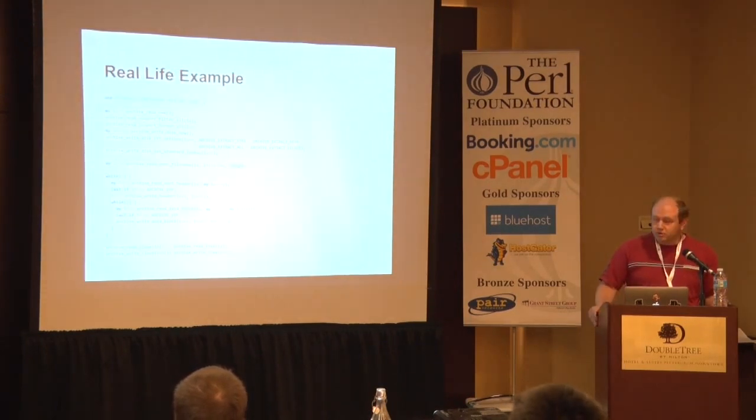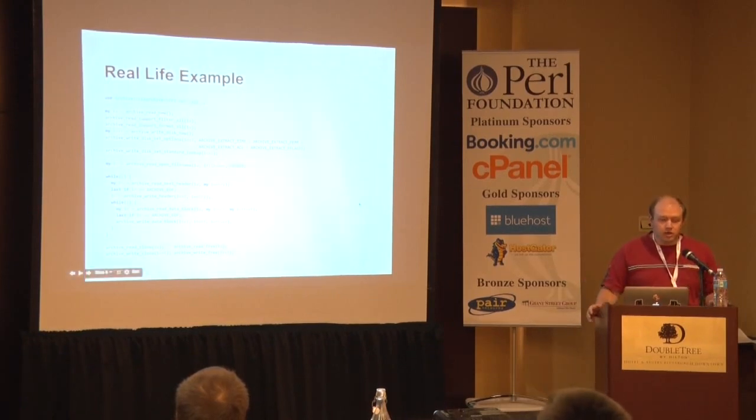So a real life example: I wrote a module called Archive::Libarchive::FFI, which is an FFI interface using FFI raw to libarchive, which is basically the tar implementation that comes with BSD, and it's provided as a library, and you can use it on a lot of different platforms.